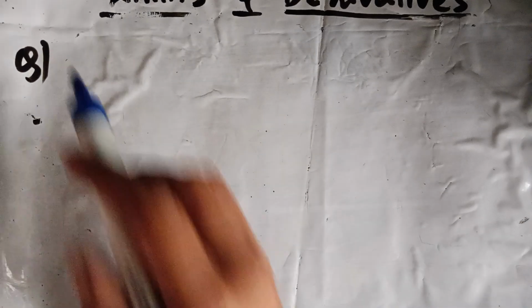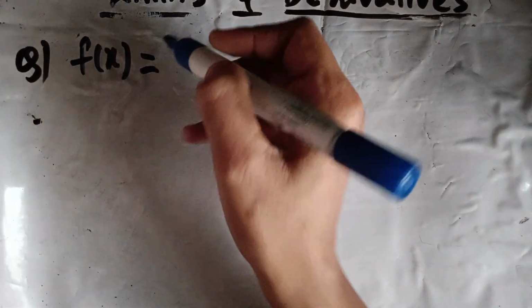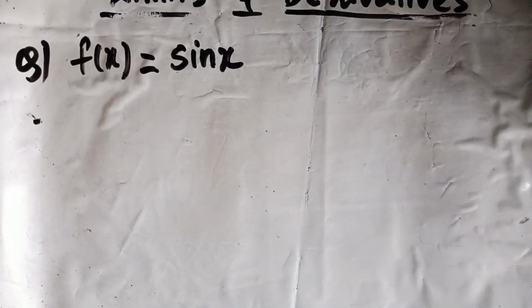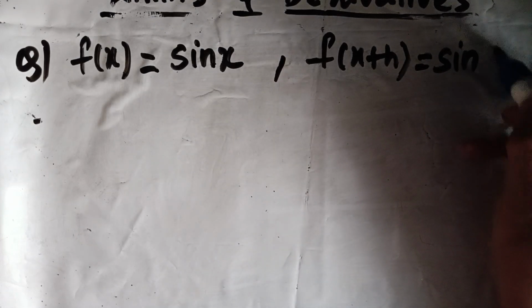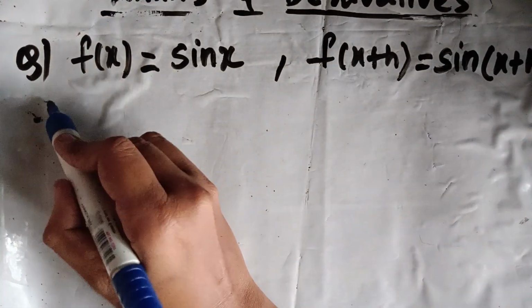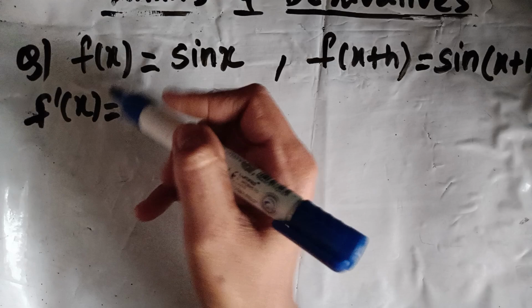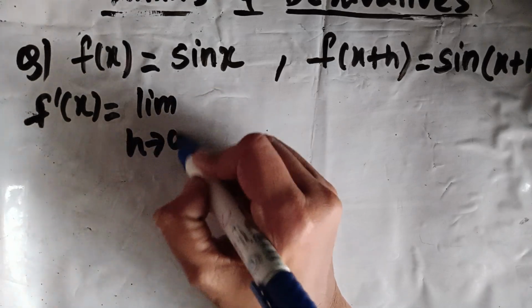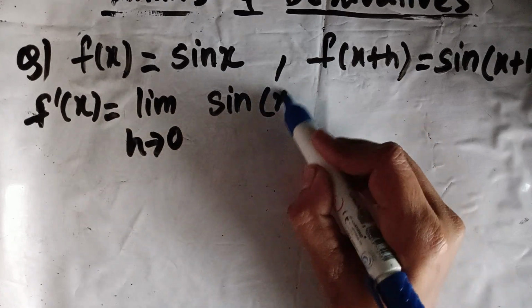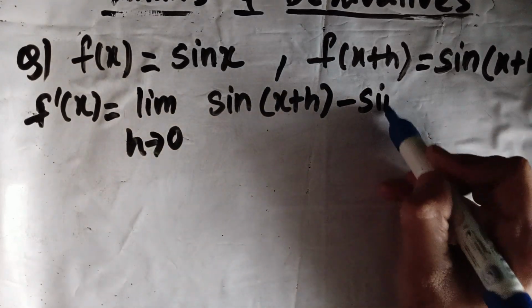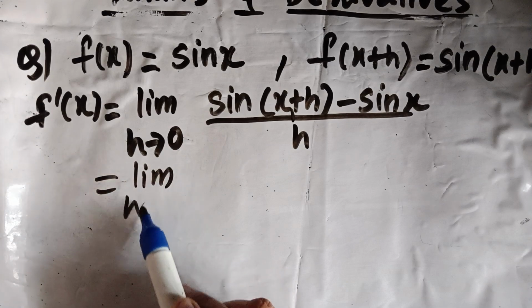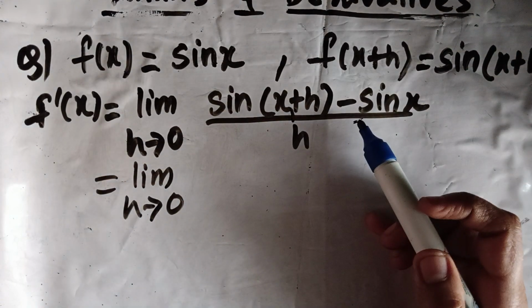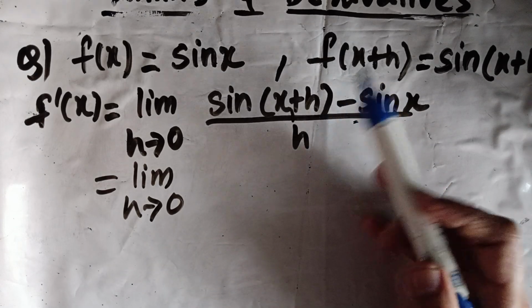Next we'll see sin of x. F of x plus h is sin of x plus h. So here it is given sin a minus sin b.